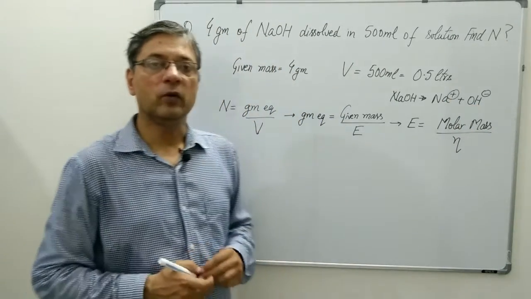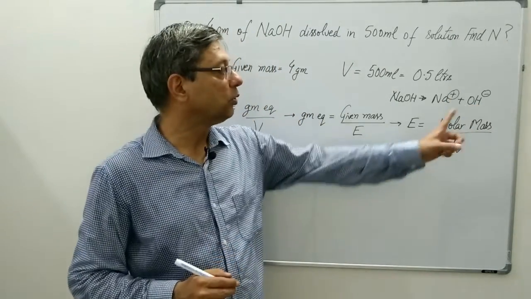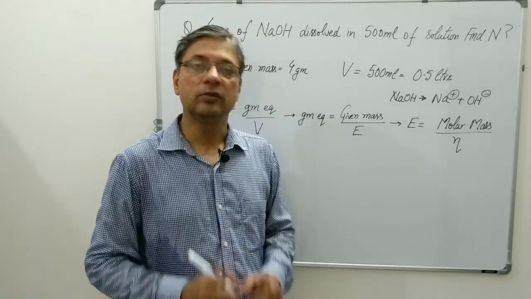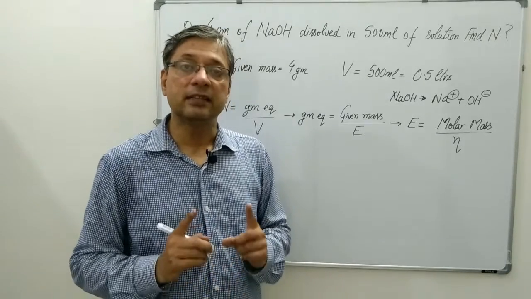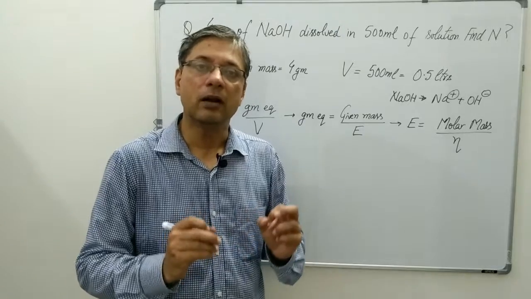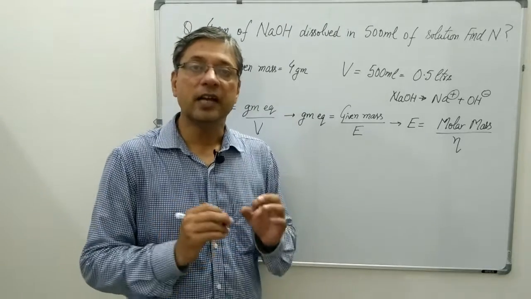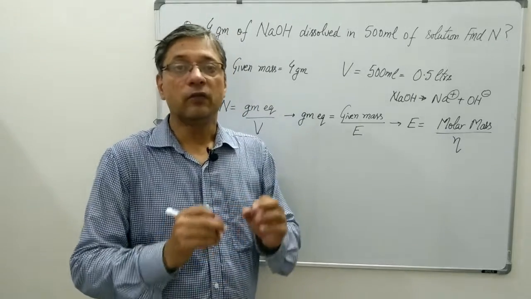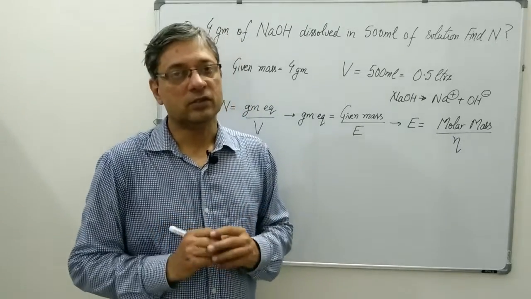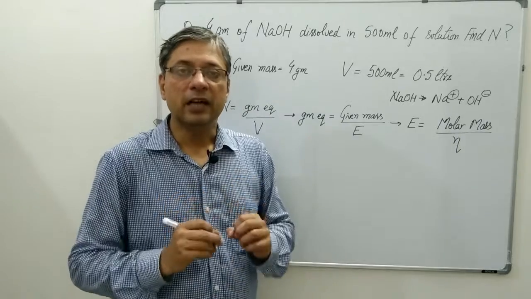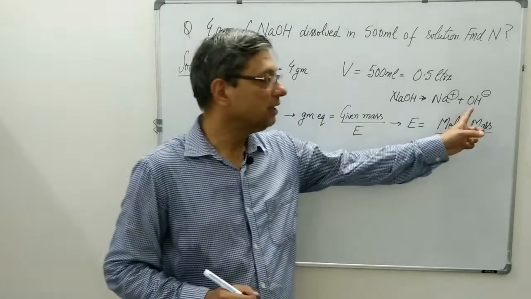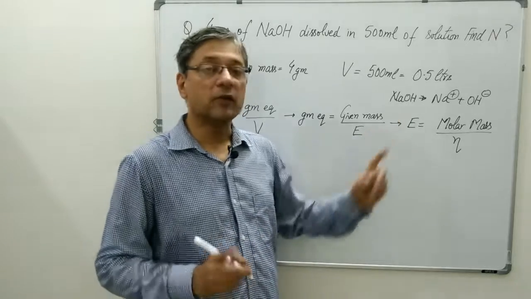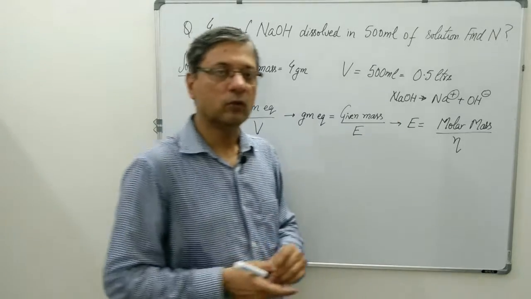Each molecule of NaOH in aqueous solution produces 1 hydroxide ion. Equivalence factor here is equal to acidity of base. Acidity of base is equal to the number of hydroxide ions produced by a molecule of the base in an aqueous solution. Therefore, the acidity of base here will be equal to 1, because 1 hydroxide ion is produced, and therefore equivalence factor will also be equal to 1.